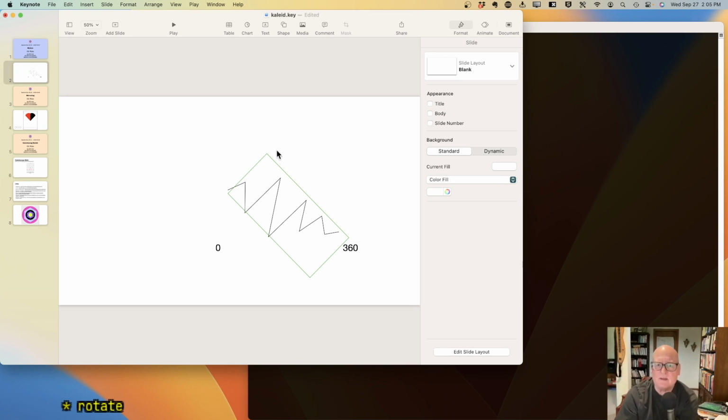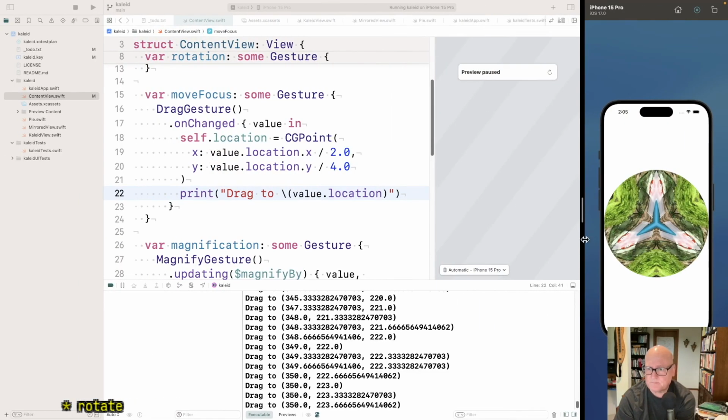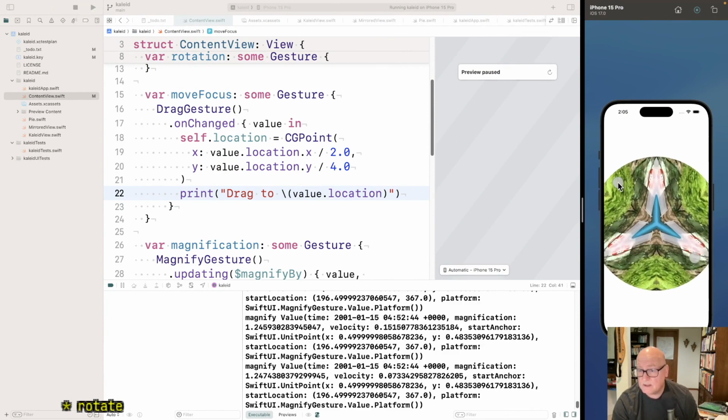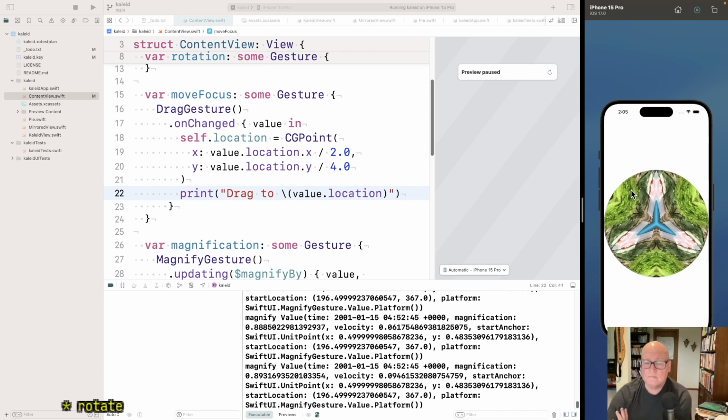Now, maybe I could make something where you click in the circle, that I interpret this as... I don't know. I could interpret one of the location.